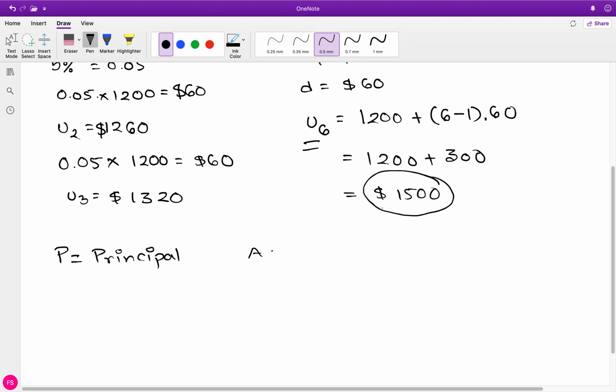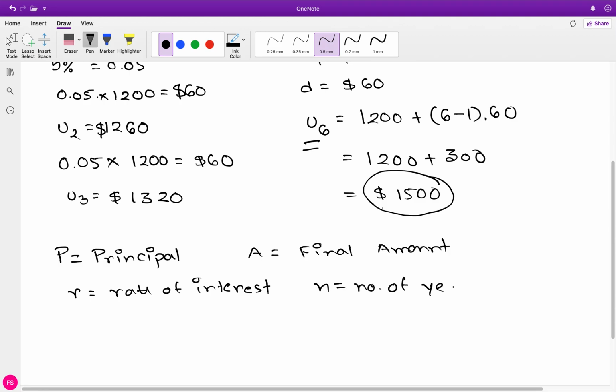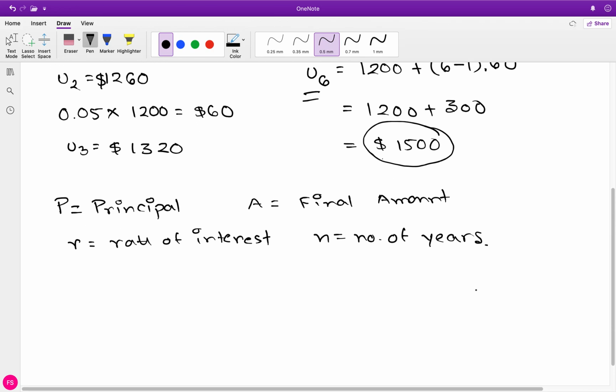Then we have A. This equals the final amount. And you can tell that R is the rate of interest, and then we have N, which is the number of years. So these are the terms that you need to know.